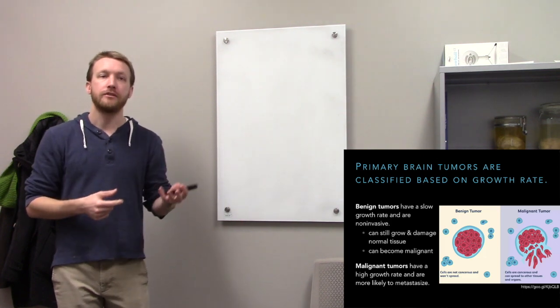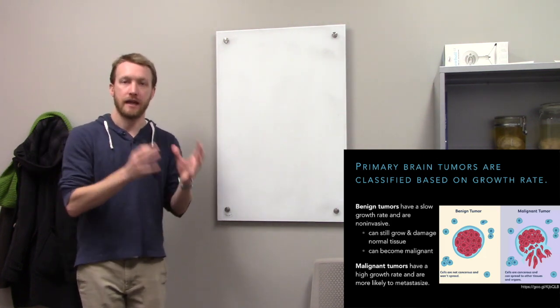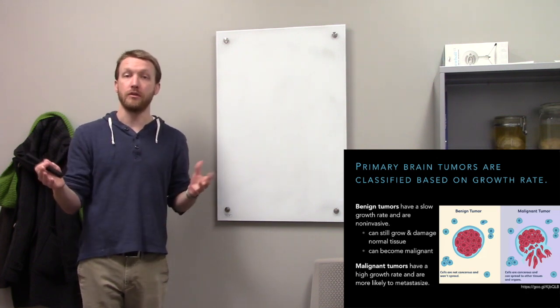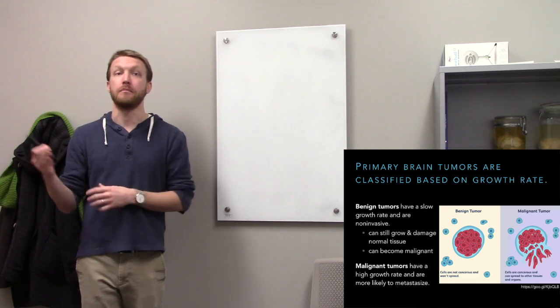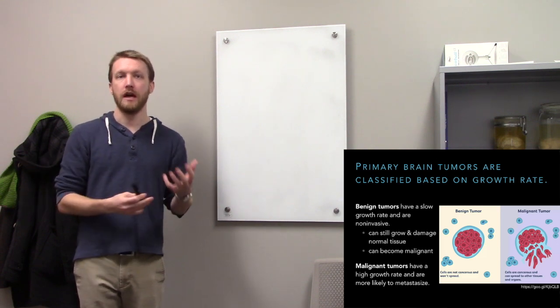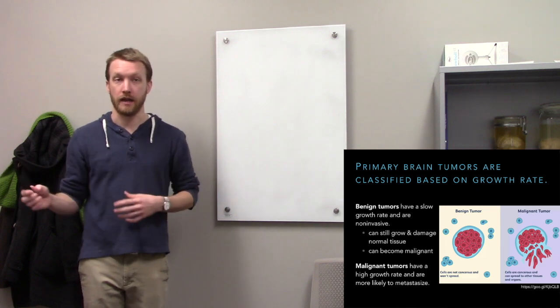So a benign tumor might sound like it's not a problem, and it isn't at that point, but it can continue to grow and become a problem, or it can continue to mutate and become malignant. So a benign tumor is only benign until it's not.